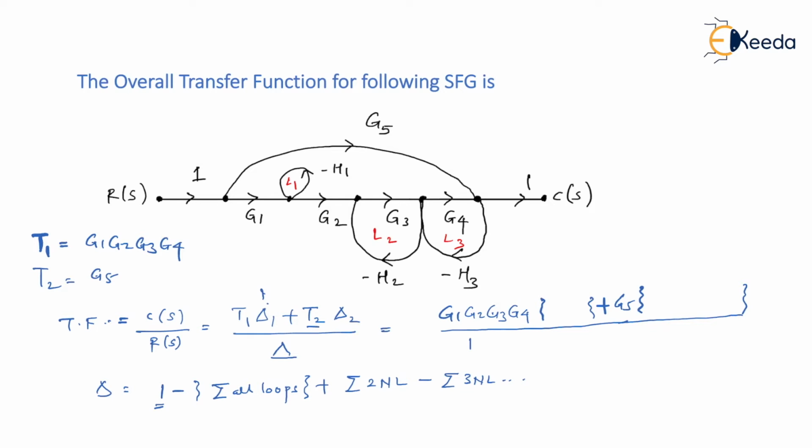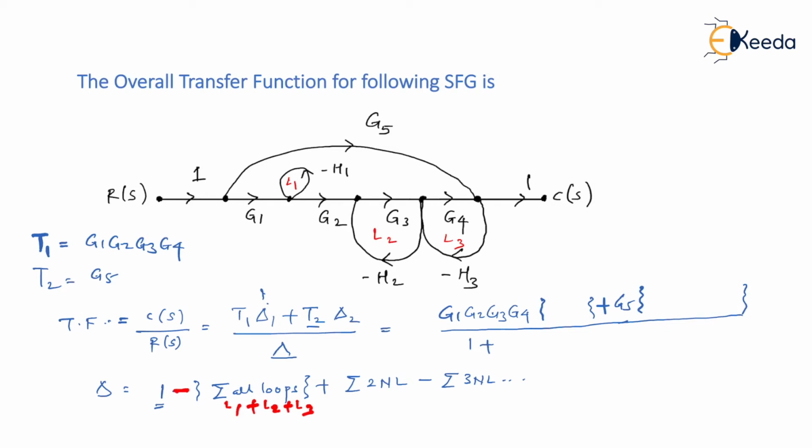Am I right? Here I'm going to add all the loops together, that is L1 plus L2 plus L3. But L1, L2, L3 are all individually negative. We can take that negative sign out, and because of the minus sign in front, it will become positive. So it is plus.